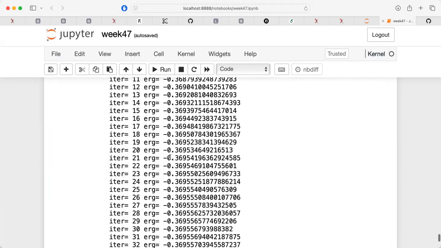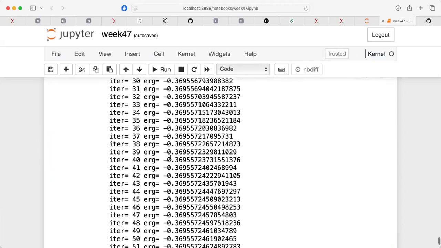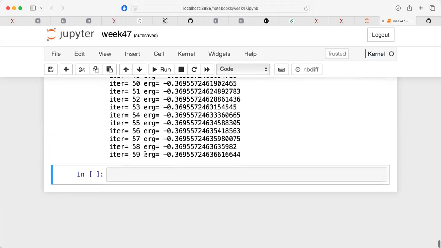After 59 iterations, you see that this is basically converged to the 11th digit.